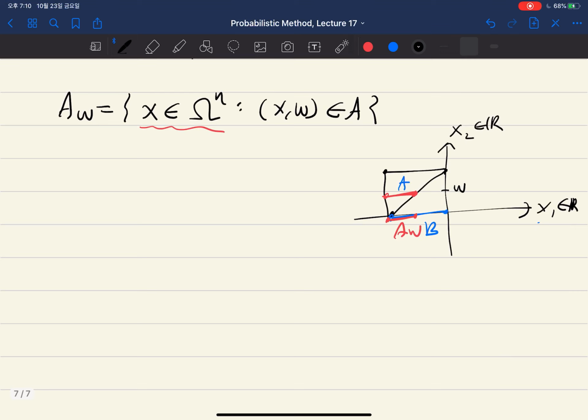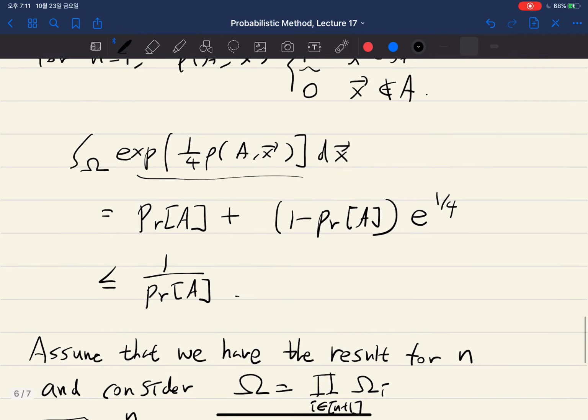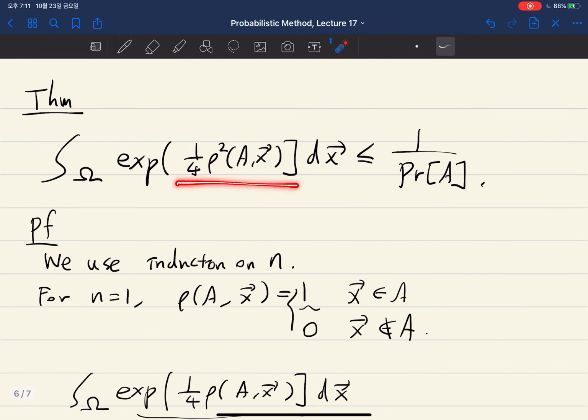Then what do we know? Now we want to analyze how rho B of x and rho A sub w of x are related. So what we want to do is express this in terms of rho Bx and rho AWx.